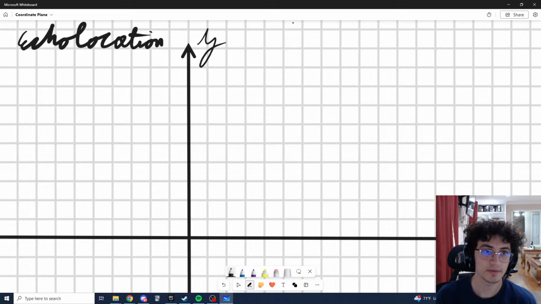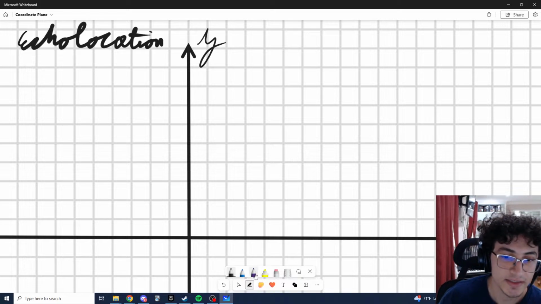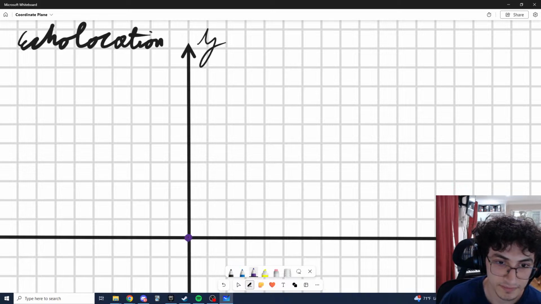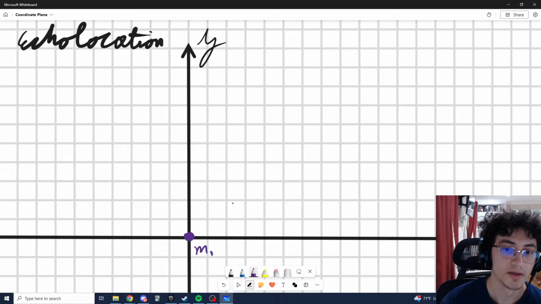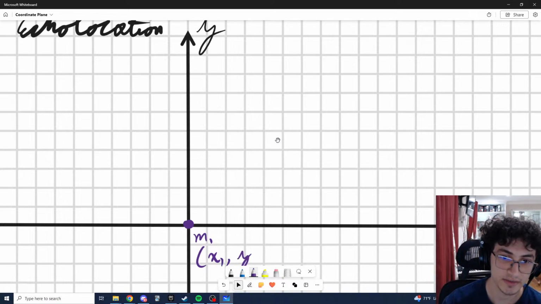The idea is that if I have a microphone right here, we're going to put a microphone right smack dab in here. Mic 1. This is going to have some x value, X1, and it's going to have some y value, Y1.